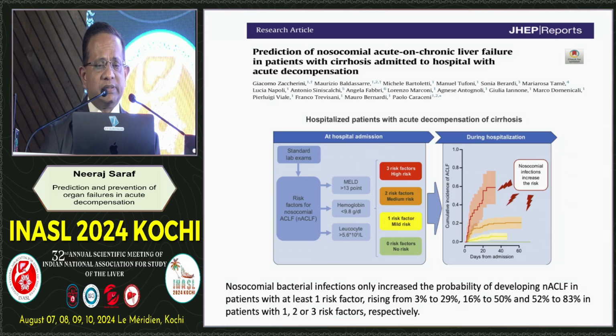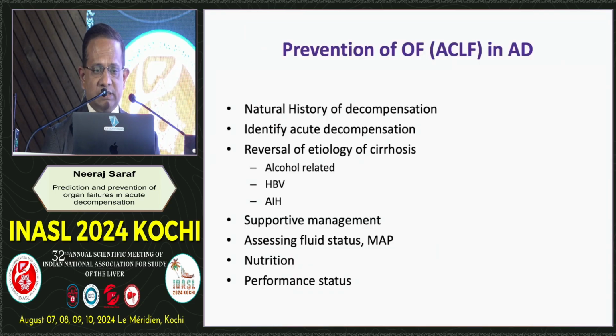Another study published recently, again looking at predictors of organ failure in nosocomial ACLF, and they found that the MELD score, hemoglobin, and leukocytosis were important. And again, the number of risk factors was important in predicting patients who went on to develop ACLF.